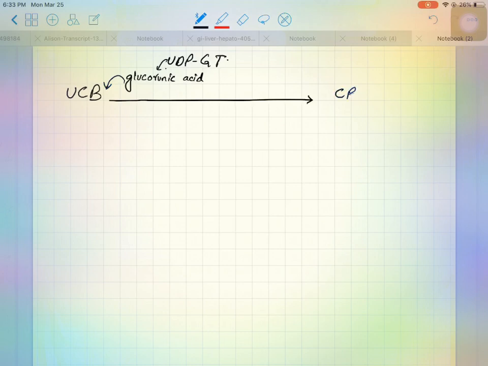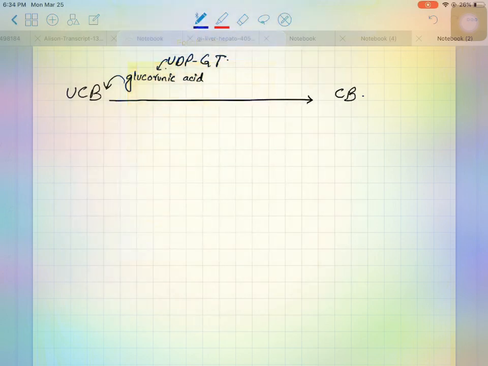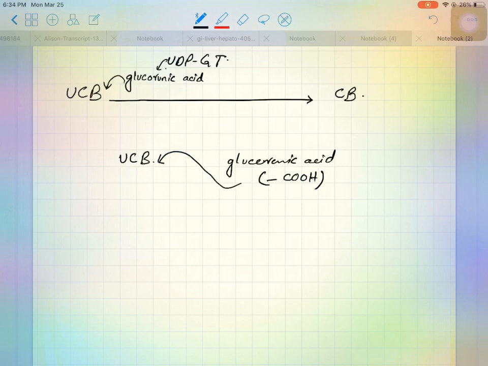Now it becomes conjugated bilirubin. So how does this process occur? For example, this is unconjugated bilirubin, and this enzyme, UDP glucuronide transferase, transfers glucuronic acid to the unconjugated form. Initially, it adds only one glucuronic acid.